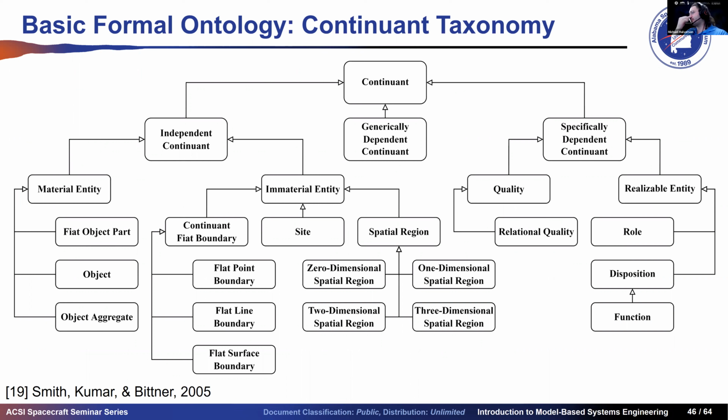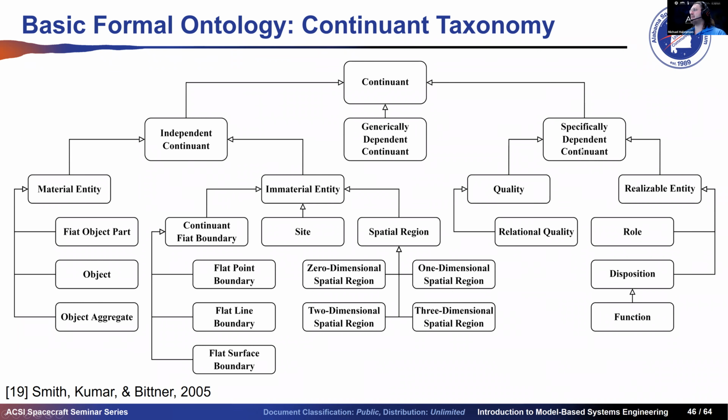It starts with continuants up top, and continuants are things that exist. They have come to be. So you have independent continuants, which might be something like an arm or a drink or a head. And we'll skip over to specifically dependent continuants.